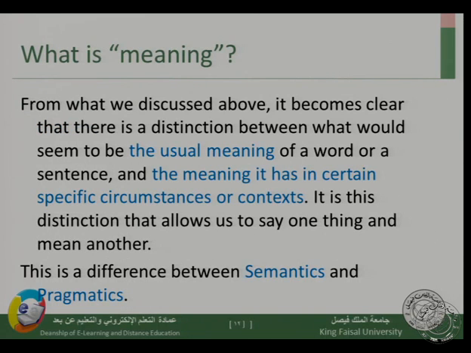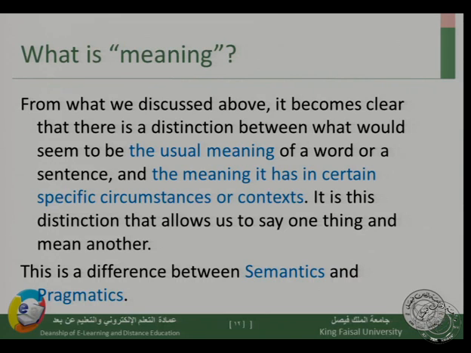From what we discussed above, it becomes clear that there is a distinction between the usual meaning, the meaning that we find in the dictionary, of a word or a sentence, and the meaning that it has in a certain specific circumstance or context. If you're looking at the situation, or the context, you are looking at pragmatics.